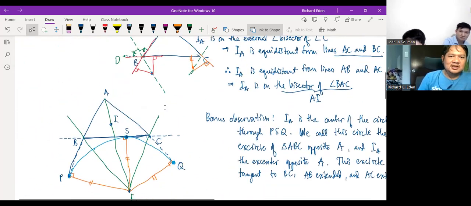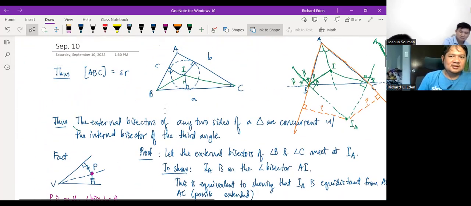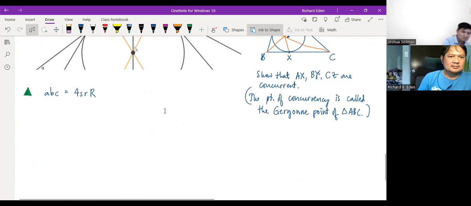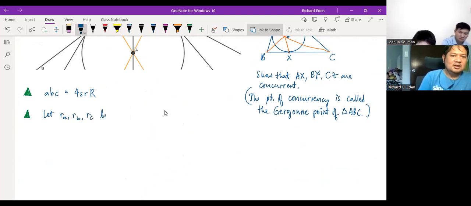Ano pa? So, A, B, C is the triangle. Let R sub A, R sub B, R sub C be the radii of the excircles. Tatlo to. Not the excircle, but the excircles.